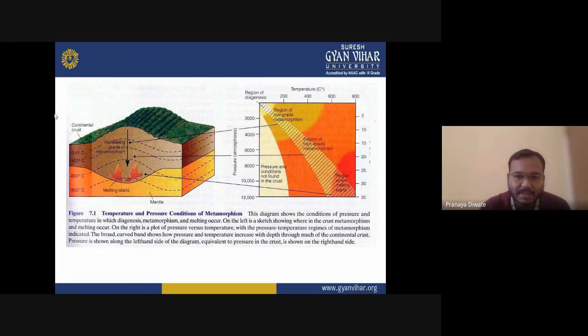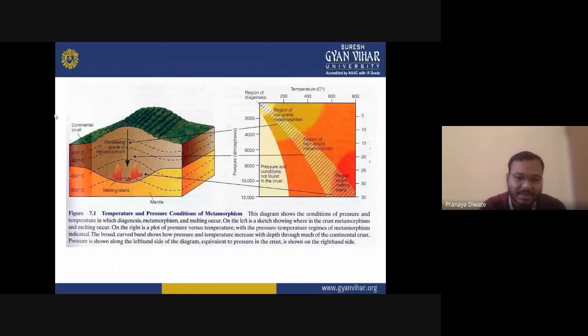You can see that with the increasing grade of metamorphism, the temperature and pressure get high. This diagram shows the conditions of pressure and temperature in which diagenesis, metamorphism, and melting occur.